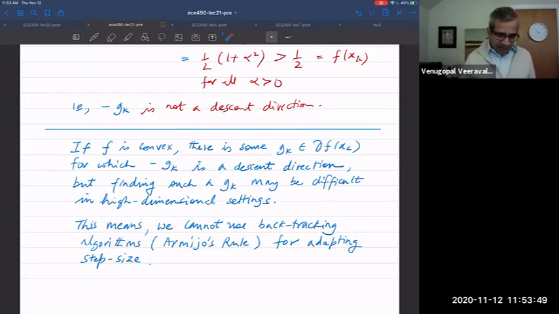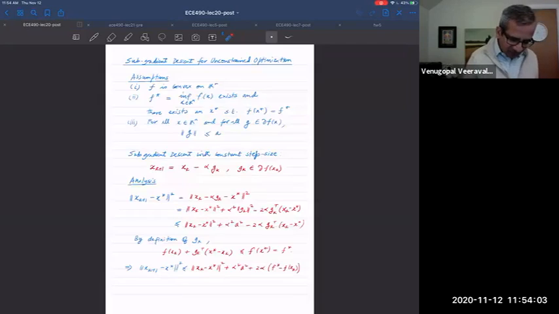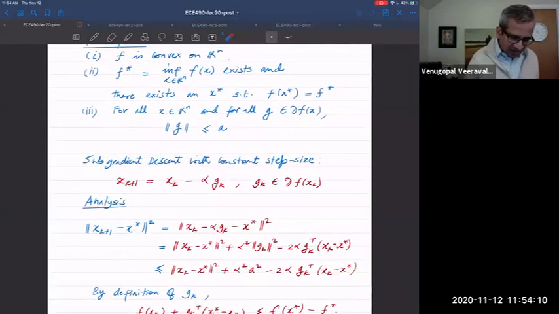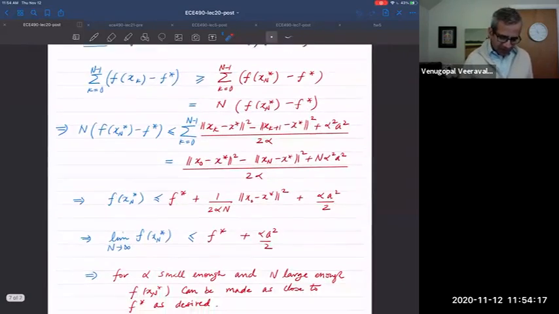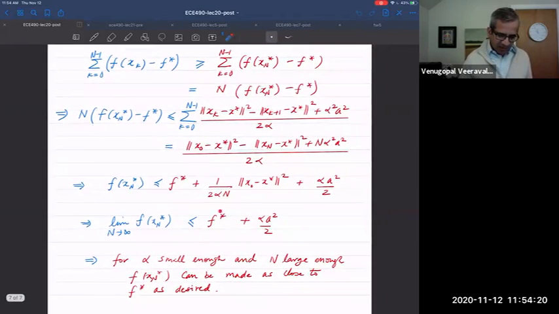So this means that you really can't use backtracking algorithms for adapting the step size. So should we give up or do something else? We saw last class that even if you use a fixed step size, as long as this G is bounded by some A, you can get awfully close to the minimum of the convex function.